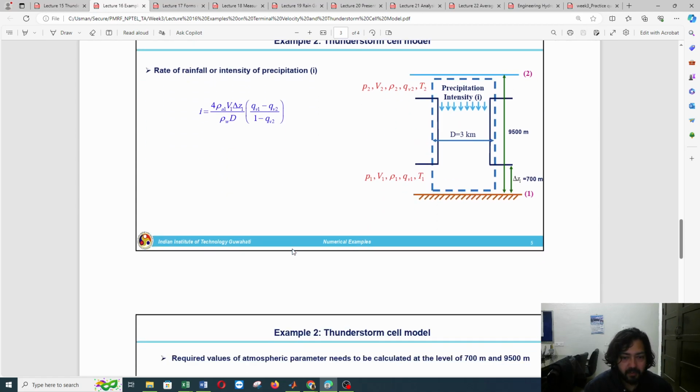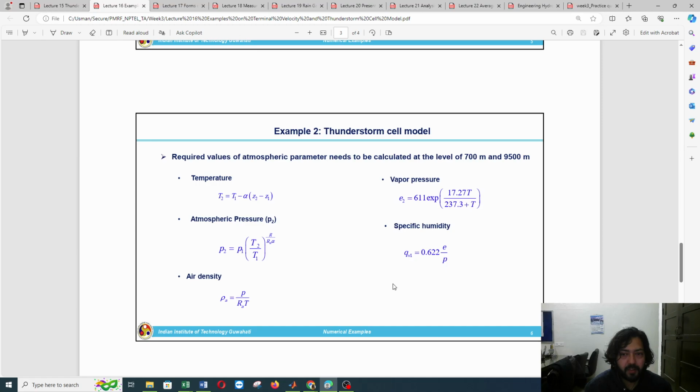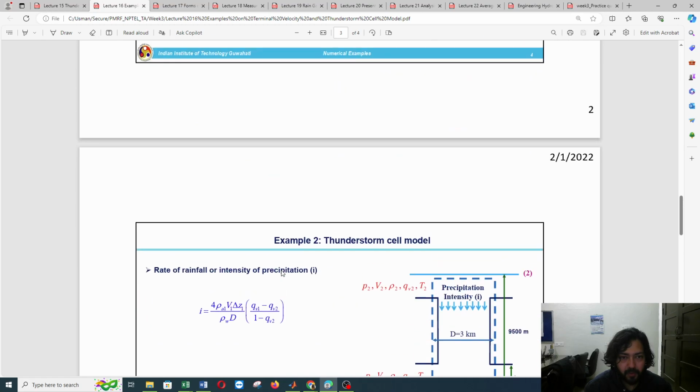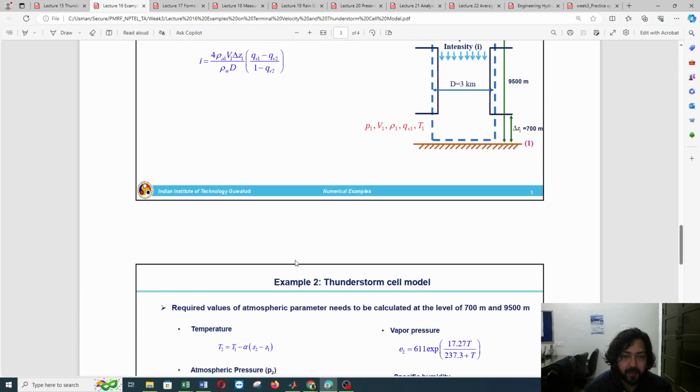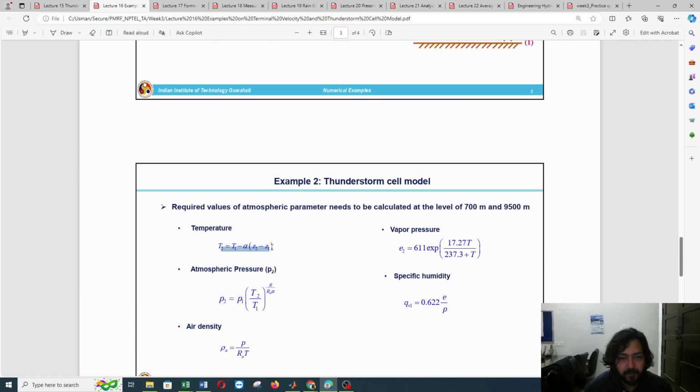The simple thing is to use all these equations which we have used during atmospheric water. If we know the temperature at the ground surface, which is 28 degrees Celsius, and we want to calculate the temperature at an elevation of 700 meter, we can use this equation, right? We want to calculate T2, T1 is known to us, alpha is also given, and the difference in elevation is 700. Similarly, we know the pressure at the ground surface, which is 101 kilopascal.